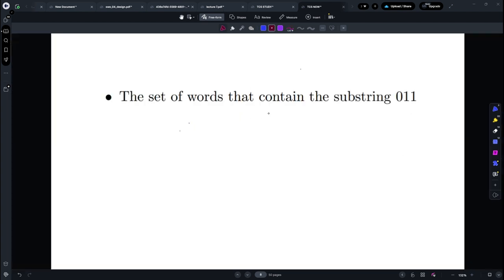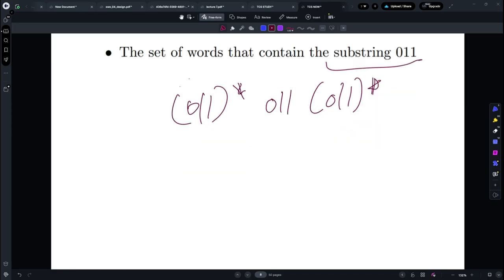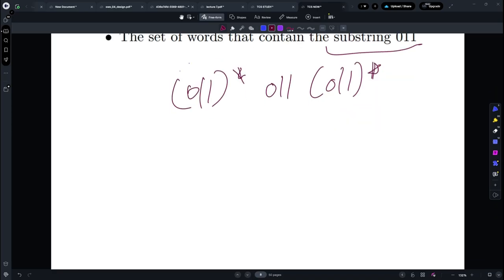Now it says that it contains 0, 1, 1. Of course, we know that it can start with anything, and it just contains 0, 1, 1. And then it can end with anything, of course. That makes a lot of sense. But then, just like we said, for the contains questions, we always try to look for one thing. So 0, 1, 1 is there, but it can start with what?